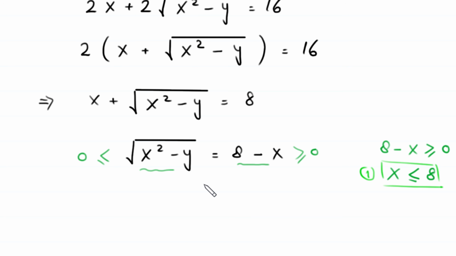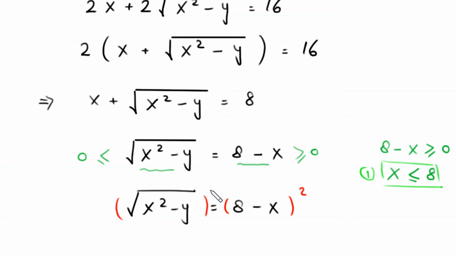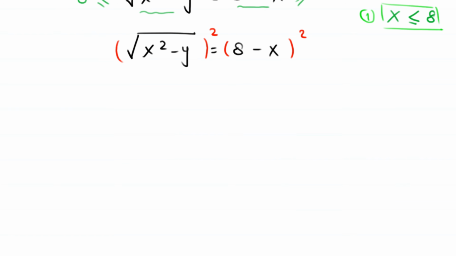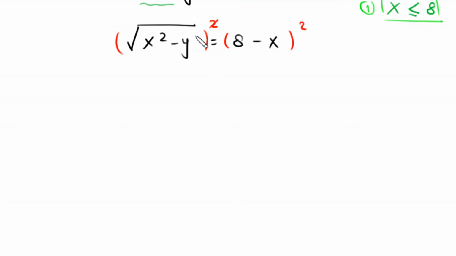Now we square again both sides of this equation. This will become the square root of x squared minus y equal to 8 minus x, and we take square of both sides. So this square will be cancelled out with this square root, and at left hand side we are left with x squared minus y equal to.